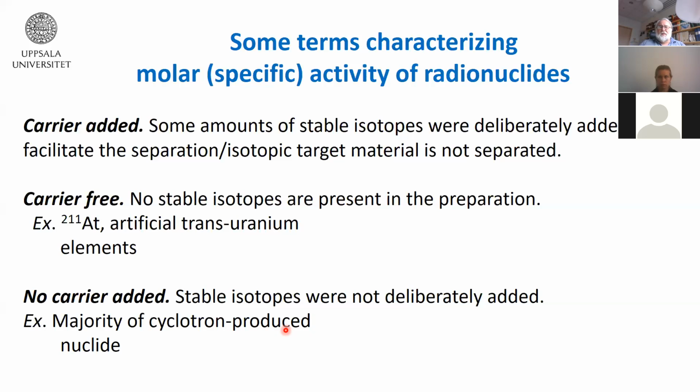A good example is production of lutetium-177. It might be produced directly using isotopically enriched lutetium-176, an N-gamma reaction. It's a very efficient reaction, but still you have the majority of atoms belonging to the stable isotope.